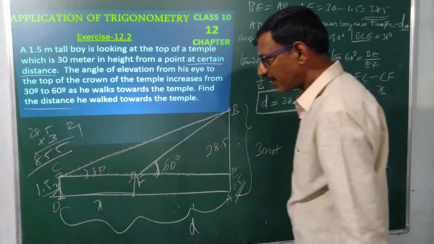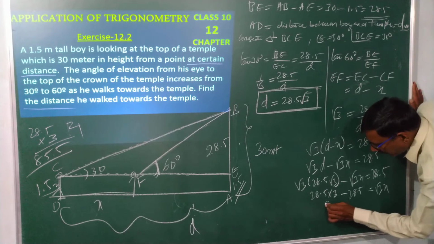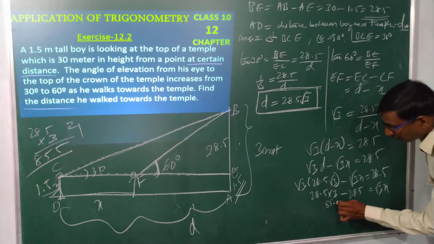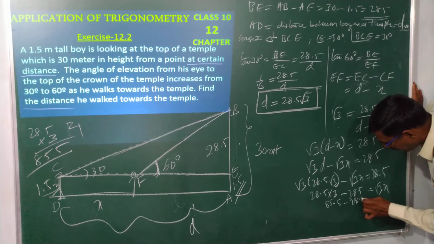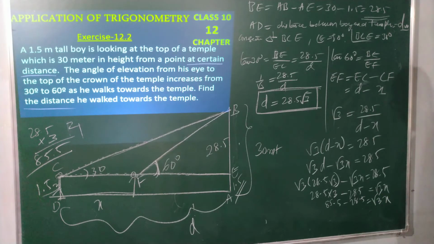So it is 85.5. 85.5 minus 28.5 is equal to root 3X.